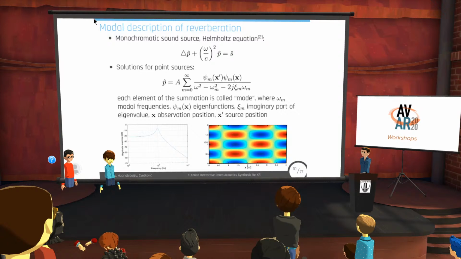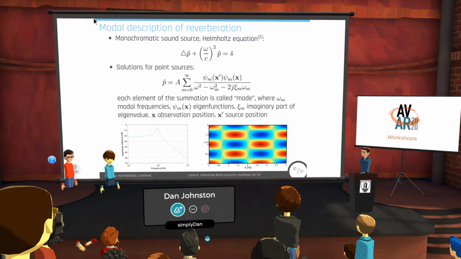So what can we say about this equation? Some very useful information comes from considering the wave equation in frequency, and that means having a sound source which is essentially an oscillatory sound source, a complex exponential. When we do that through variable separation, we obtain this other form of the pressure field here, where we have a summation of psi terms at the numerator divided by omega squared minus omega_m squared minus 2j delta_m omega_m.